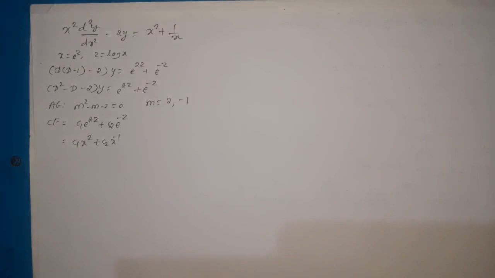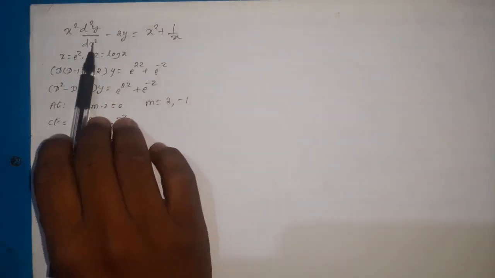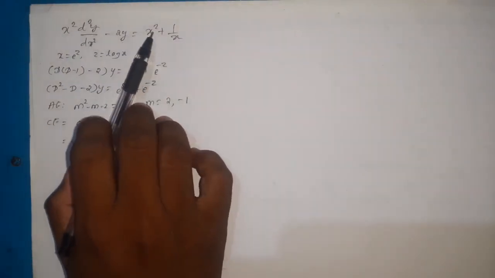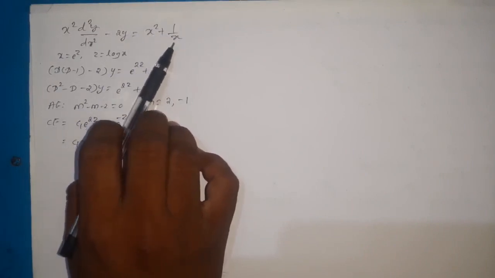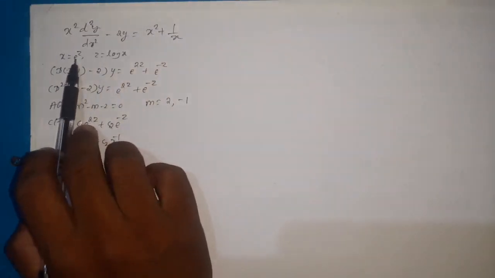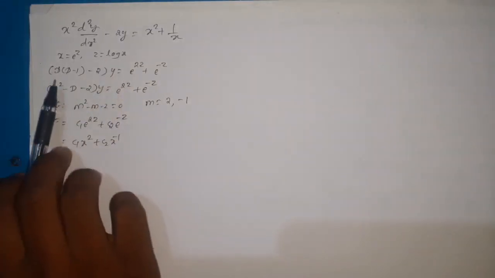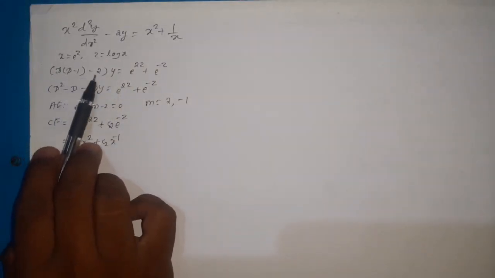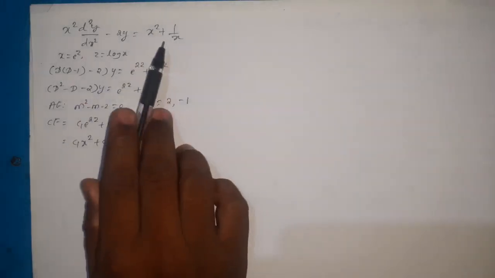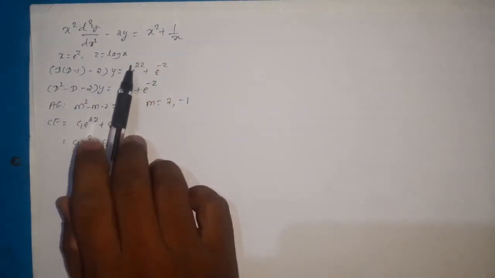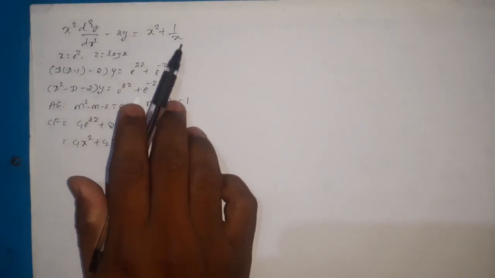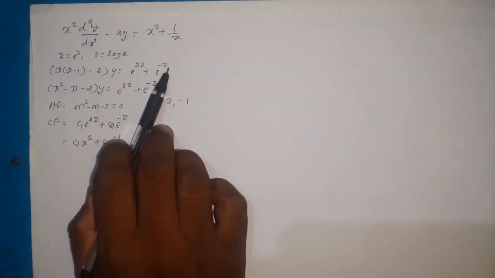Next example, x square d square y by dx square minus 2y is equal to x square plus 1 by x. Now substitute x equal to e power z, z equal to log x, then the equation becomes D into D minus 1 minus 2 into y equal to, now the RHS, x square means e power 2z, 1 by x means e power minus z.